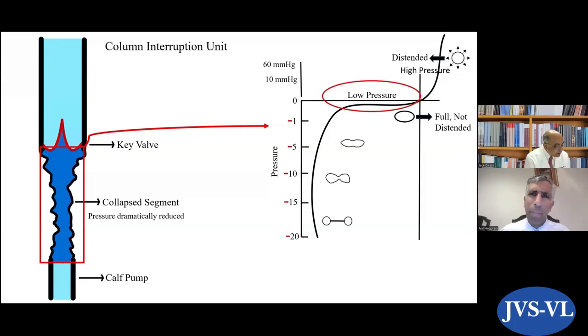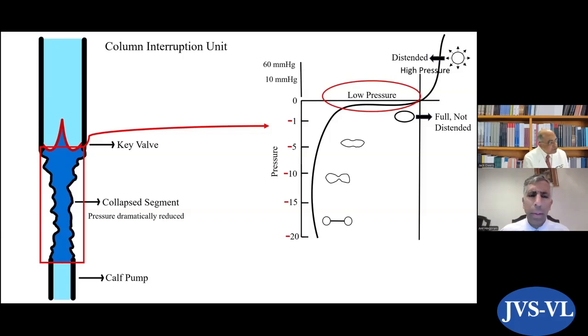The centerpiece of valve closure is this collapsed segment below the key valve. The calf pump and the valve work together, and you need to collapse the segment below for adequate pressure reduction.